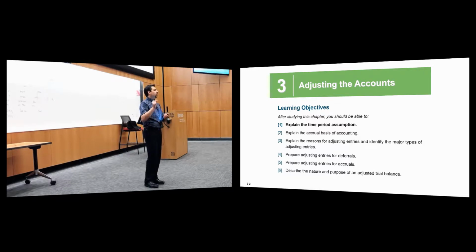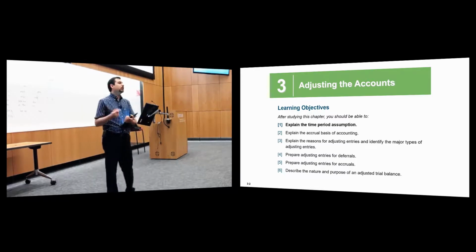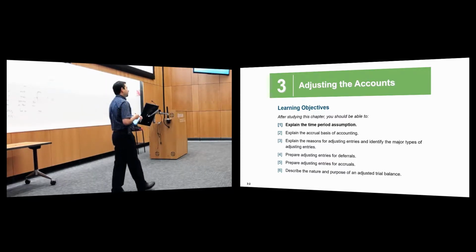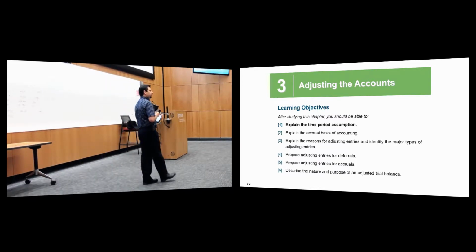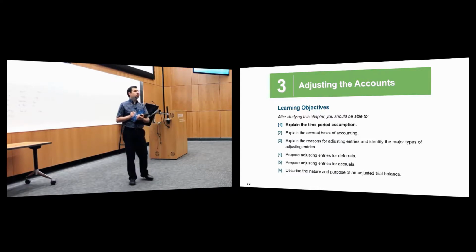Let's say the company purchased that policy on September 5th. By the end of the month, what does the balance show? According to the trial balance, the prepaid insurance will still be for 1 year, right? But is it still true for 1 year? 1 month has already passed, has expired.